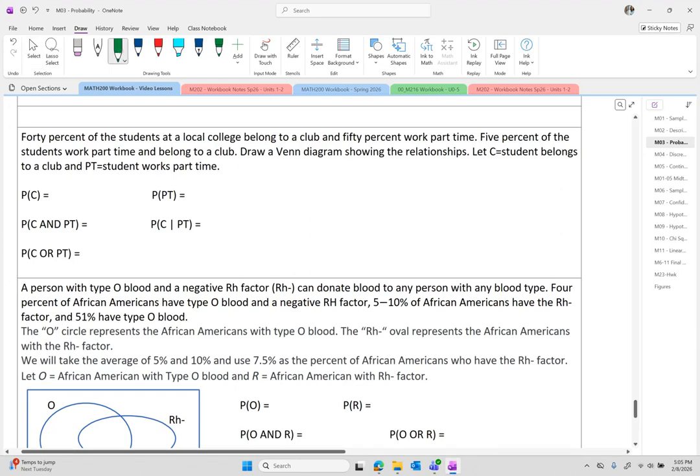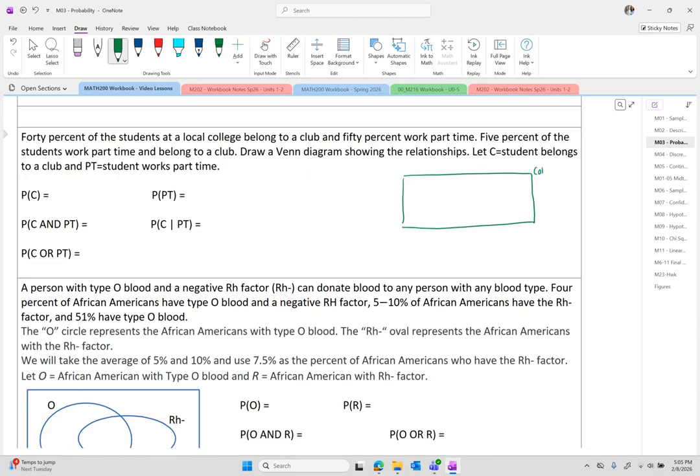So in this case, to visualize this, I'm going to draw the sample space, which is the whole college. And we have 2 categories, students who belong to a club, let's call them C, and students who work part-time, and let's call them PT.